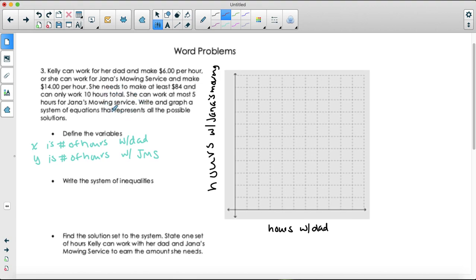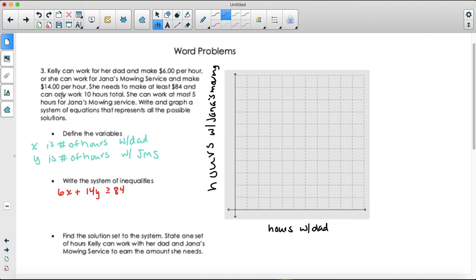So there's multiple things here. Let's start with the $6 per hour with her dad. So we can have 6x plus, she'll make 14 per hour for JMS, 14y, but she needs to make at least $84. So at least means greater than or equal to $84.